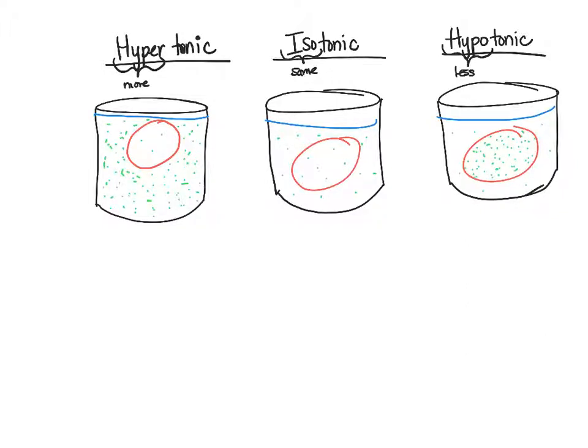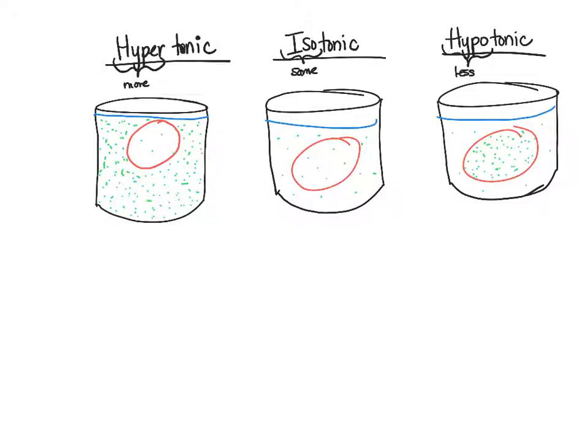So now when we look at this, remember that our plasma membrane is semi-permeable. And what that means is things can move in and out. One of the things that we just talked about that can move in and out very easily through these aquaporins is water. And so when we talk about hypertonic, isotonic, and hypotonic, we're talking about the solution that we put a cell in, and then we're going to be talking about the water movement.